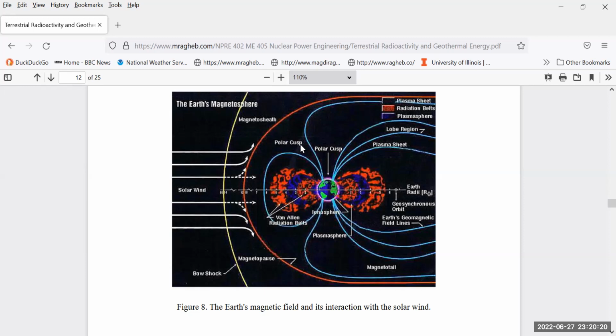The interesting thing then is that the charged particles from the solar wind are trapped in the Earth's magnetic field, and as you know, charged particles rotate around the magnetic field lines. So if they are trapped around a magnetic field line like this one, they rotate from the North Pole to the South Pole. They get squeezed at the bottom here and at the top.